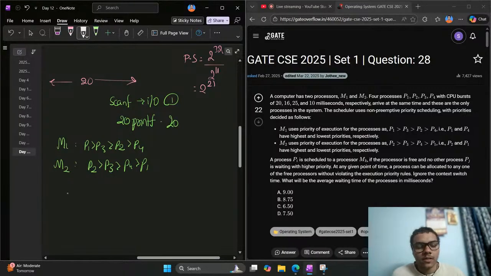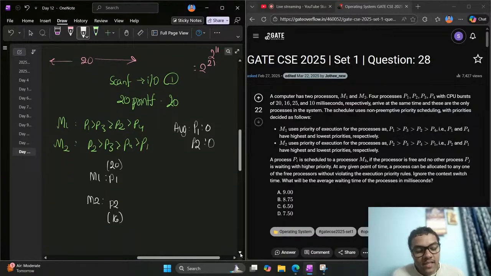CPU burst times are given. So M1 will initially have process 1 and M2 will initially have process 2. So 20 milliseconds and 16 milliseconds. The waiting time for P1 is 0 and for P2 is 0 as well.